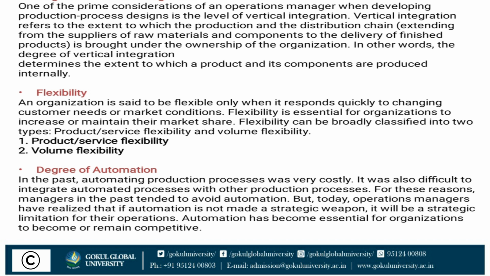But today, operations managers have realized that if automation is not made a strategic weapon, it will be a strategic limitation for their operations. Automation has become essential for organizations to remain competitive.